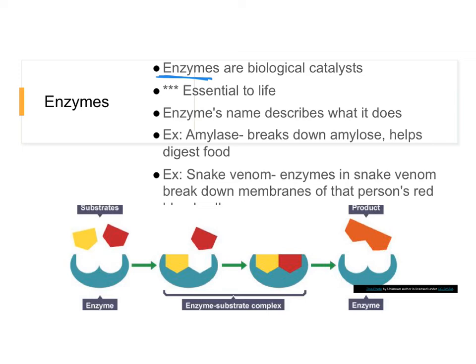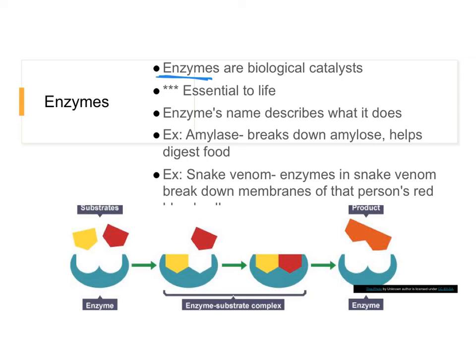Enzymes are named after what they do. For example, you have this enzyme called amylase. Amylase breaks down amylose. It's found in your saliva or your spit, and it helps you digest your food. It helps speed up the reaction of breaking down the food so your body can get the nutrients from it.